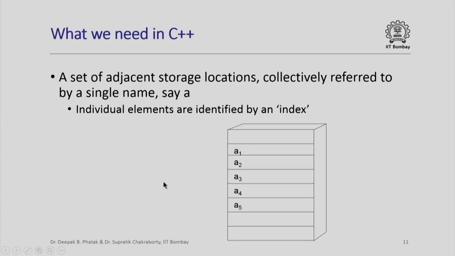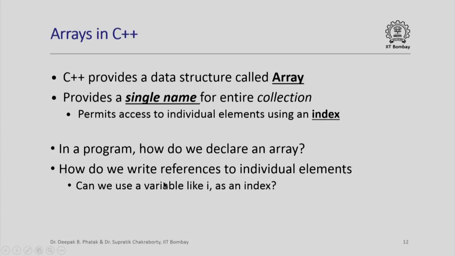In short, we look for such a facility. There are indeed arrays in C++, a structure which provides a single name for entire collection, and it permits us to access individual elements using an index.